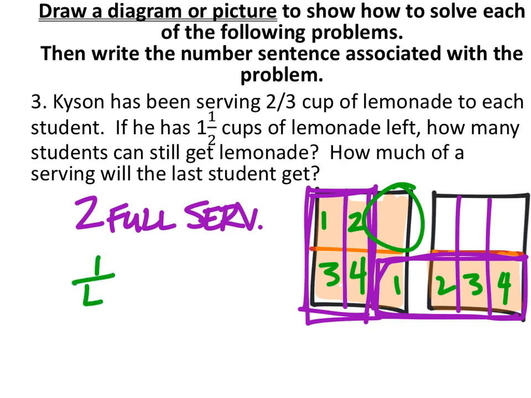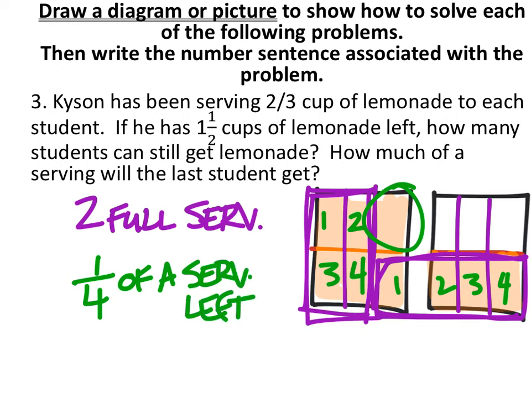So there would be 1/4 of a serving left. You know, we'll put left. Now, just so we know the difference: if you said there's 1/6 of a cup, that would be true. But it was asking how much of a serving is left, not how much of a cup is left. Very different. So that is how that would work with the modeling.